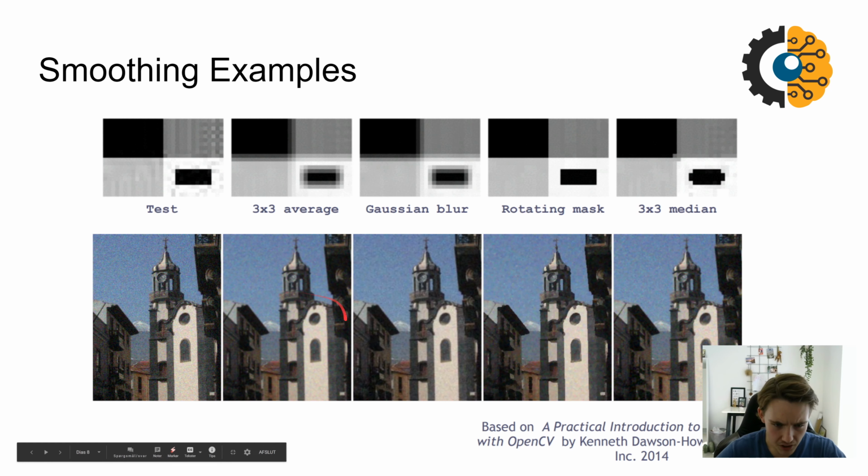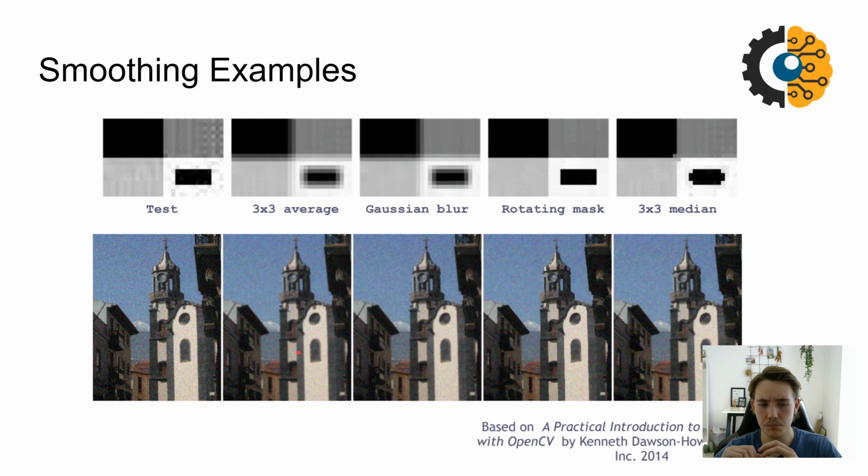It gets more blurry, but we reduce some of the noise in the sky and in the buildings, but the edges get more blurred out, and it's not really that clear compared to the original picture, like all the lines and objects in the image.